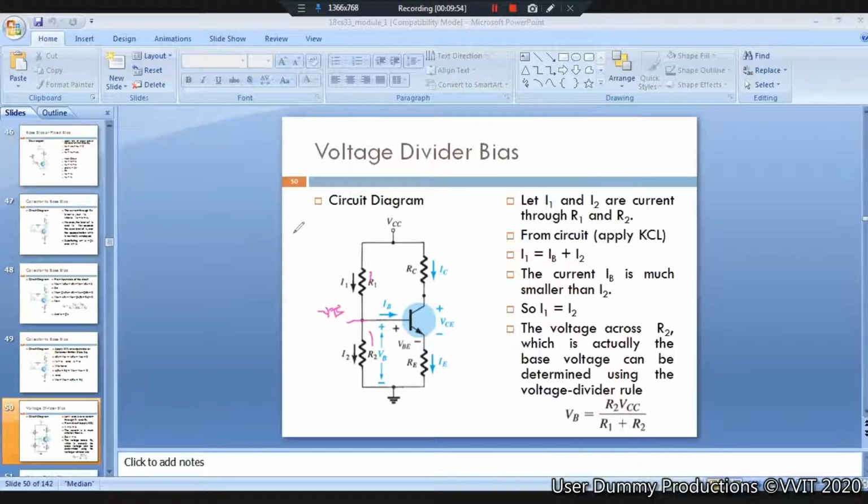This is equal to, when you connect R1 in series, what is the equation you will get? R1 plus R2, correct? If connected in parallel, R1 into R2 divided by R1 plus R2.